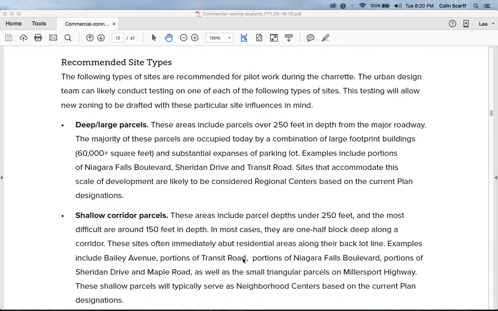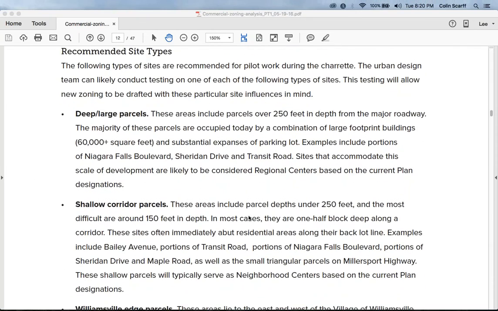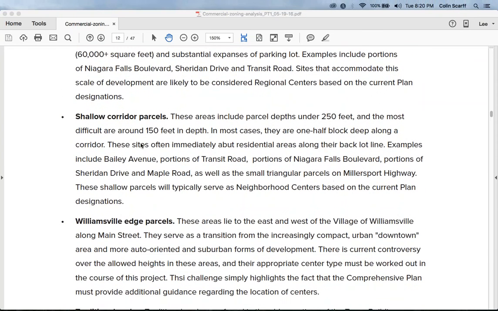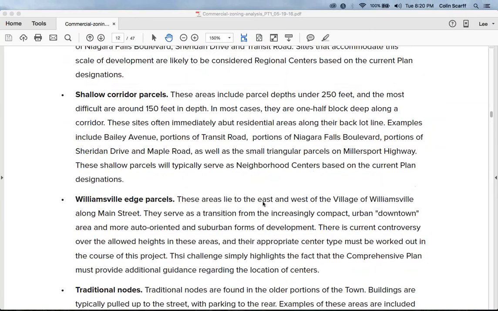Finally, when you're thinking about these sites, we think there's a variety of different kinds of places you might be looking at, and hopefully staff is going to give you a chance to see some of those, at least as drive-bys, if not on foot, while you're out and about. So think very hard about the places with deep, large parcels along the corridors, and places along those corridors that might have shallower parcels and therefore be more problematic to redevelop.